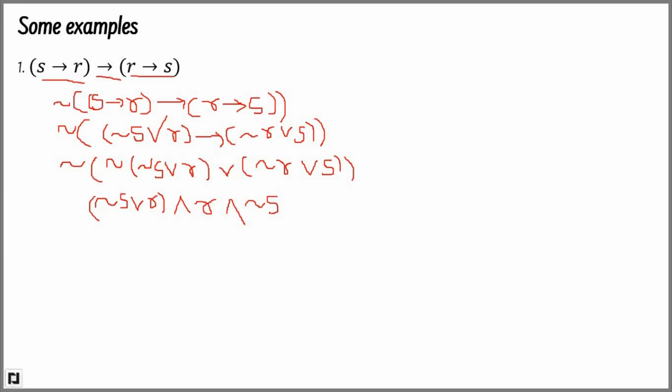So here we have our conjunctive normal form. We have three sum terms, which are this, this, and this. Now we have to make the tree.